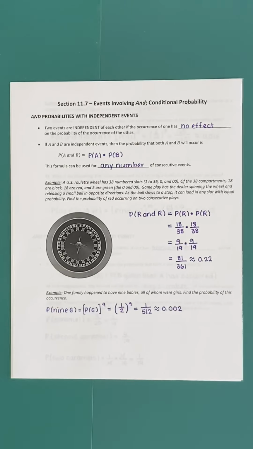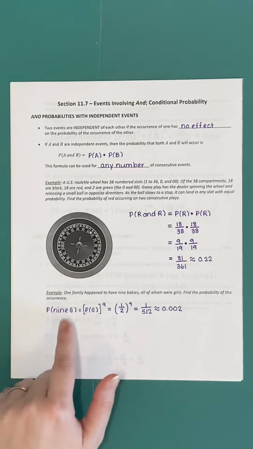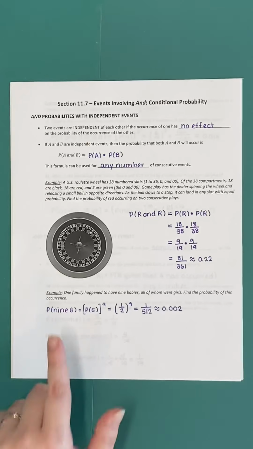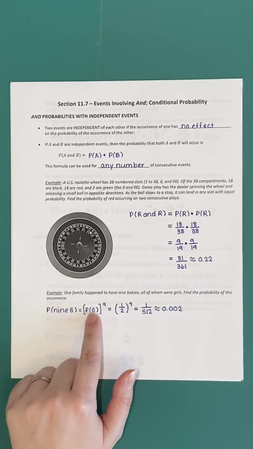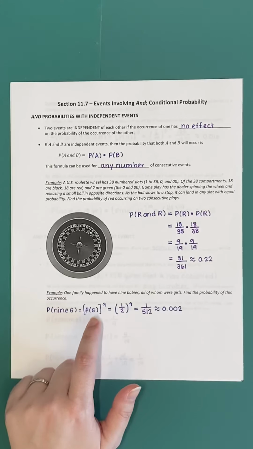Because one baby's gender is independent of the next baby's gender, all we have to do is multiply those probabilities together, and that's going to give us the probability of that whole sequence. So the probability that we get 9 girls, girl, girl, girl, so on and so forth, 9 times, is the probability that we get a girl multiplied by itself 9 times.